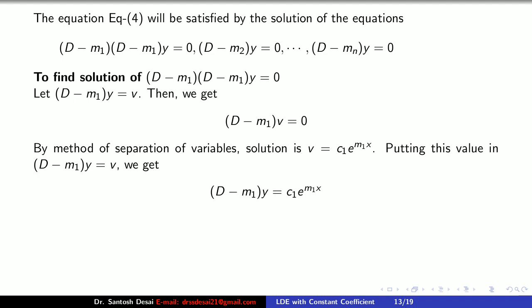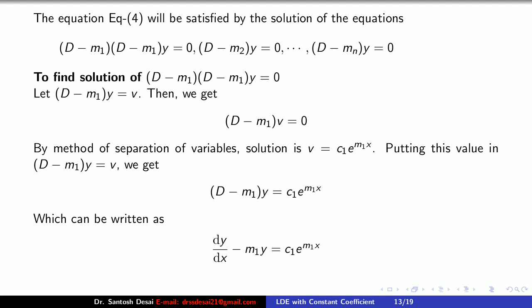One can rewrite this equation as dy by dx minus m1y is equal to c1 e raised to m1x. Now this is a linear differential equation of the form dy by dx plus Py is equal to Q.